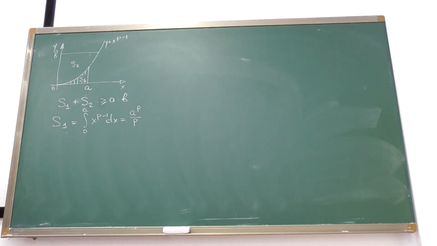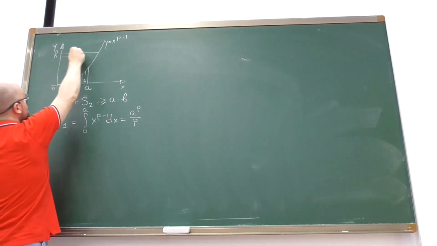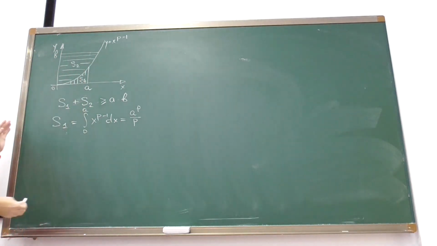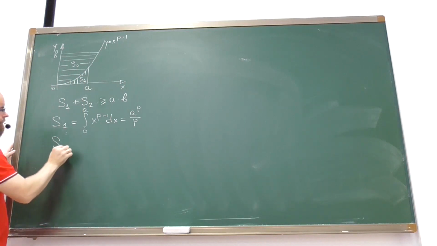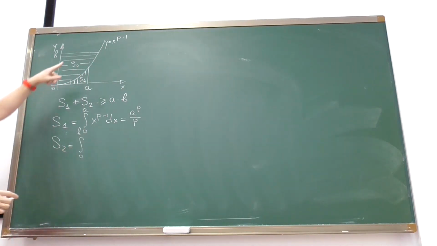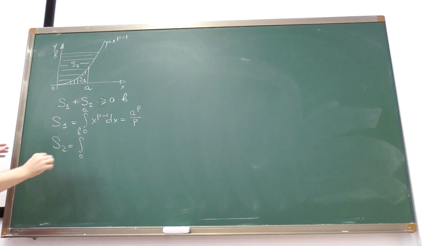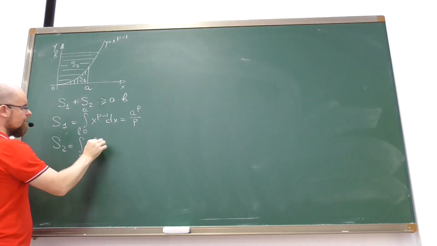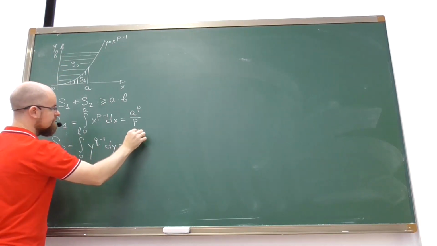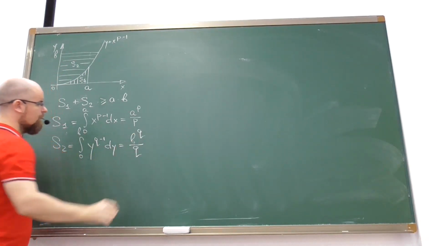Well, S2 is in fact an area below the graph as well. So we flip the axis over and we can write S2 as an integral from 0 to b of the inverse of this function, which is y to the power of q minus 1 dy, which is similarly b to the power of q over q.